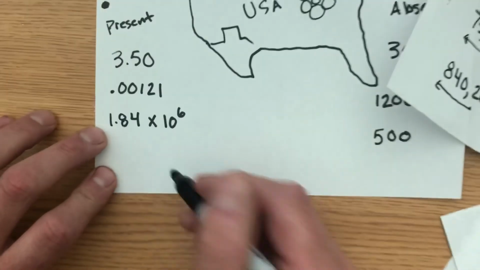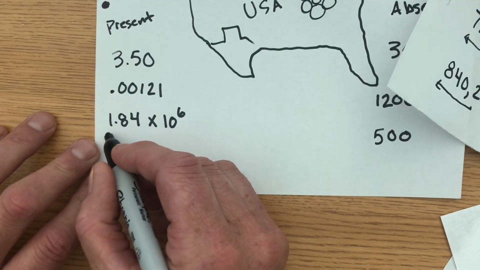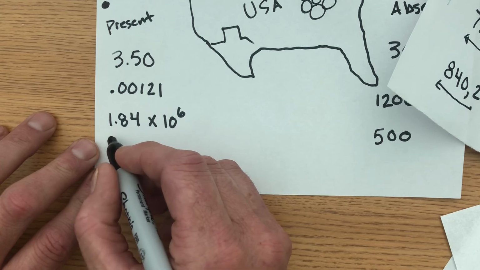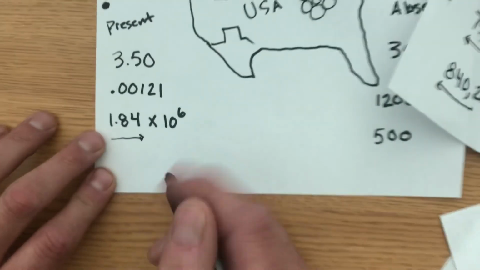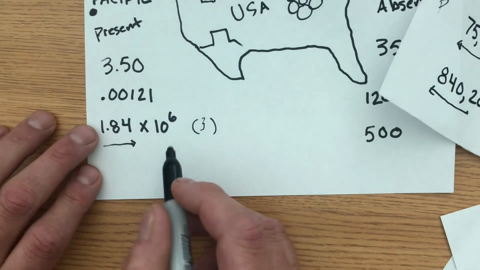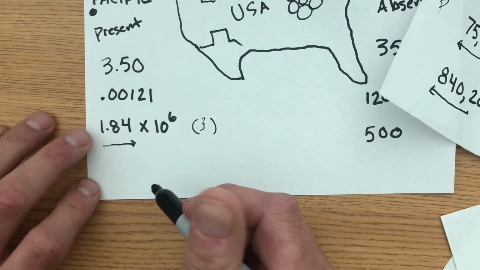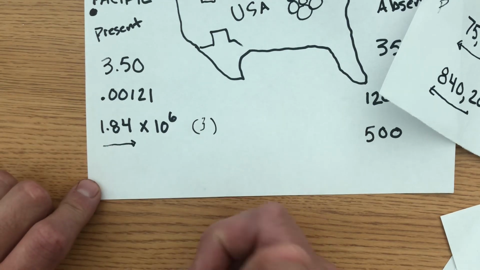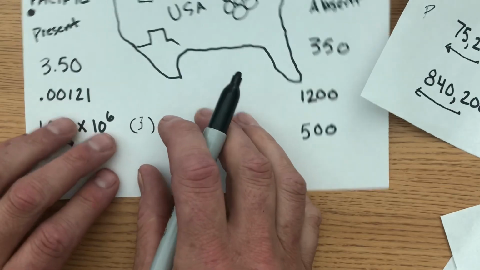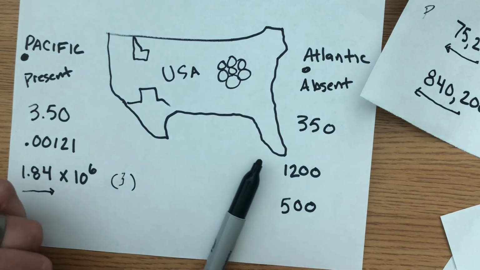It's the same thing: you start from the Pacific side and start at the first number that's not a zero, which is the 1. You count them through, and that's 3 sig figs. So don't really mind the times 10 to the 6th when you are counting sig figs in a number like this. In the next video, we're going to show you why this stuff really matters. Hope that helps.